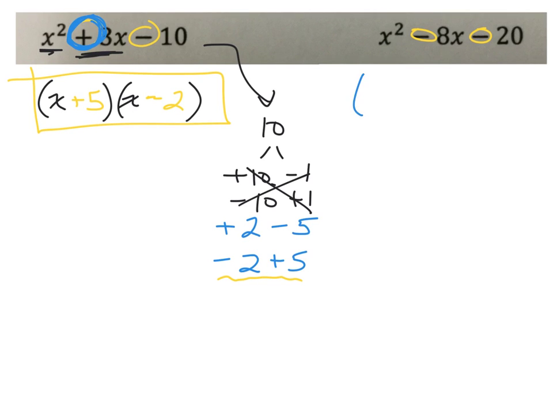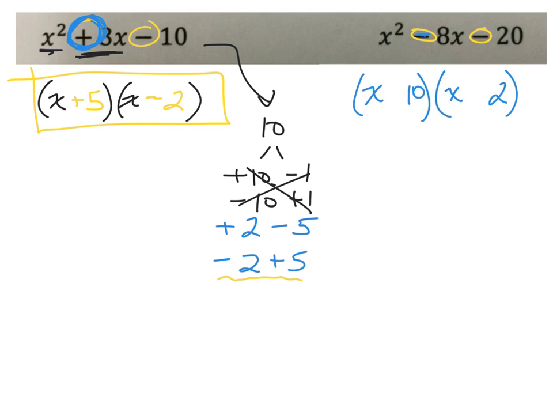In my next example, similar process. Parentheses, x and x, what factors of 20 add up to 8? Hopefully you are going to be pretty good with your mental math, and you can kind of picture in your mind that 10 and 2 can some way add up to 8, and they multiply to 20. Which is going to be the negative and positive?